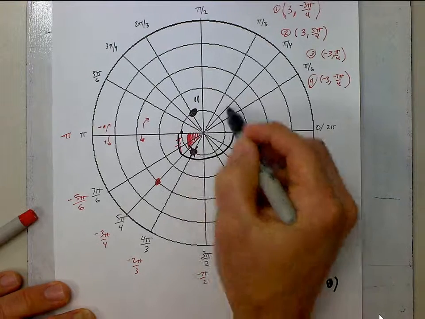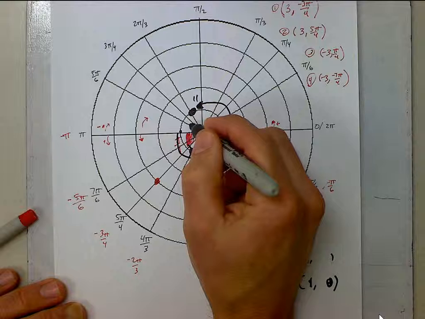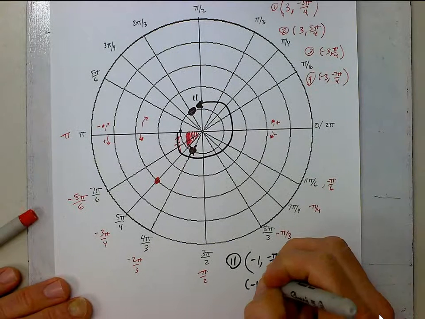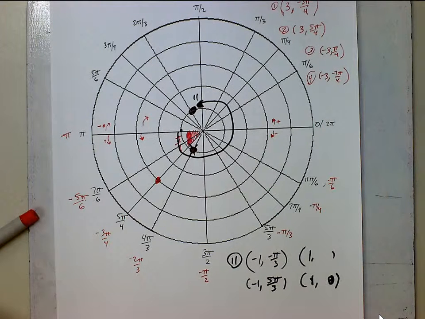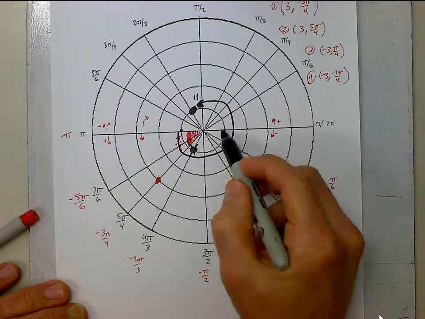And so it's going to be pi over 3 short, so it's going to be negative 1 comma, what was that, 5 pi over 3? And then for positive 1, come around, 2 pi over 3, the standard angle.